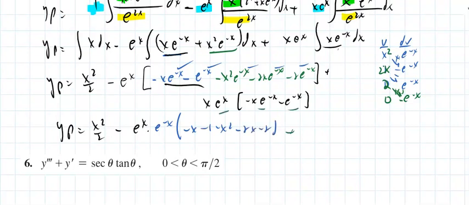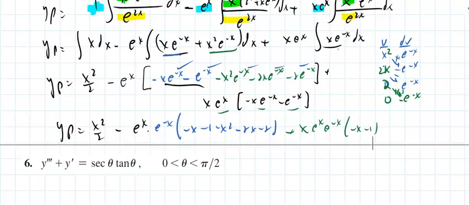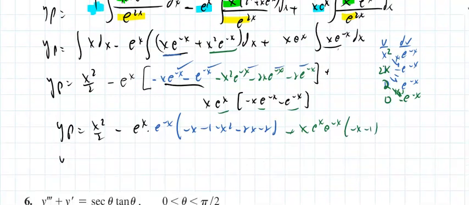If I take e to the negative x out of that, so I notice e to the x times e to the minus x is just a 1.